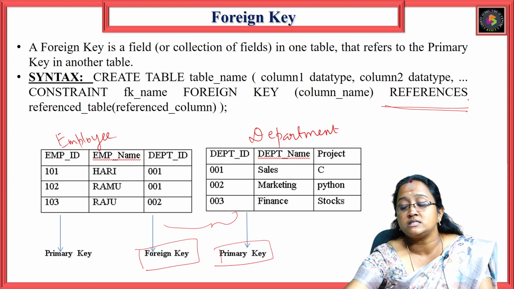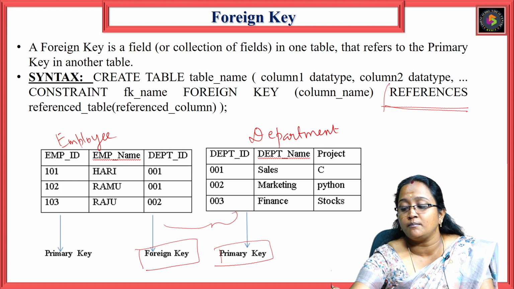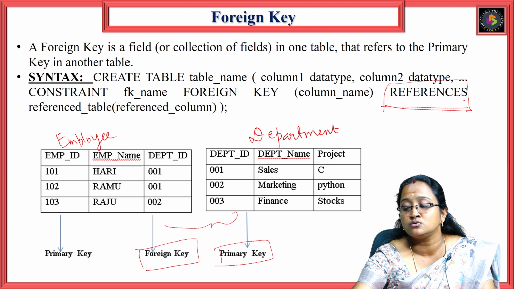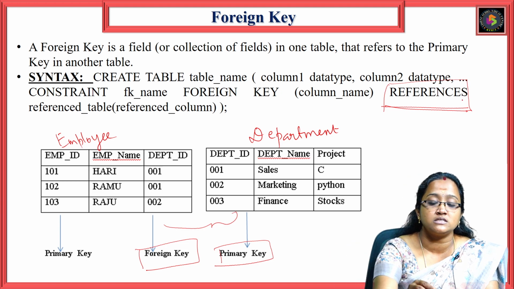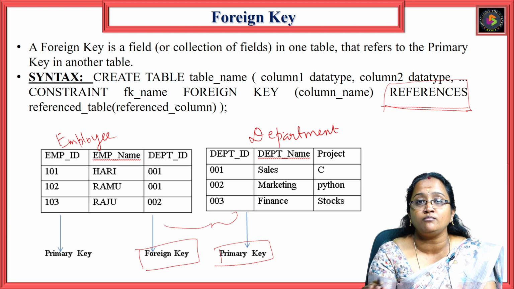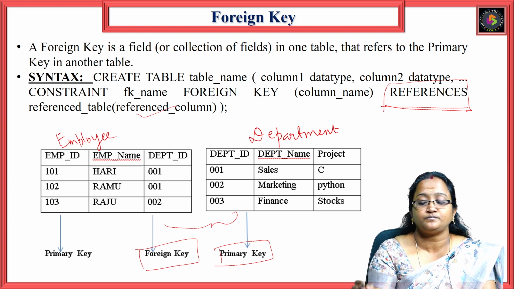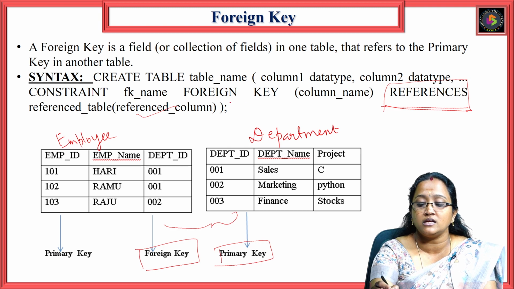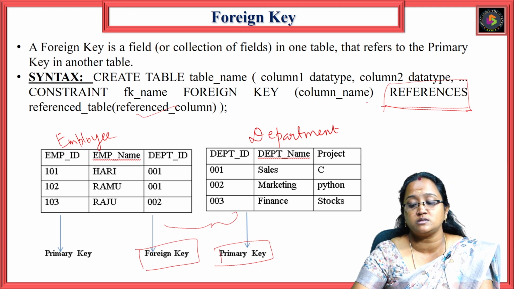It is references, not reference. While you are declaring a table, you have to be careful to use REFERENCES, then the table we are going to refer to and the column we are going to refer to. And for the foreign key, you have to specify that column name.